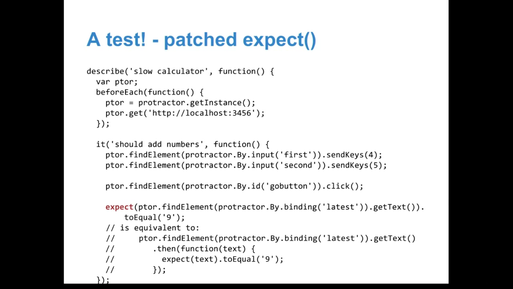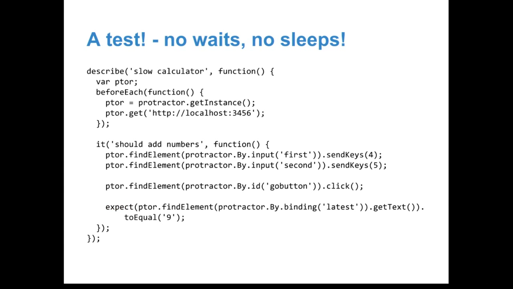But if you want to write more concise test code, you can use expect on a promise, and it resolves as you would expect. One of the best things about this test is something that's not there, which is any sleeps or wait statements. A lot of WebDriver tests suffer from race conditions because they have to wait for some XHR request to return, or they try to run something before something is rendered.